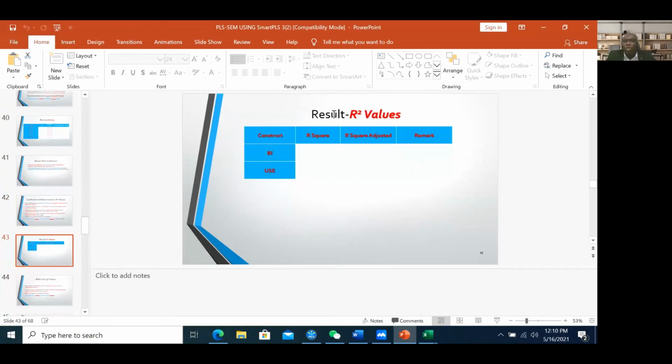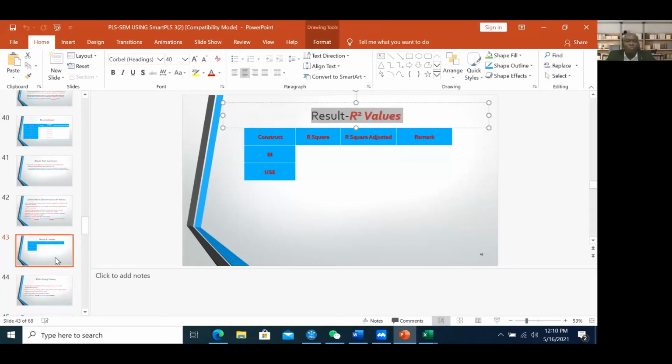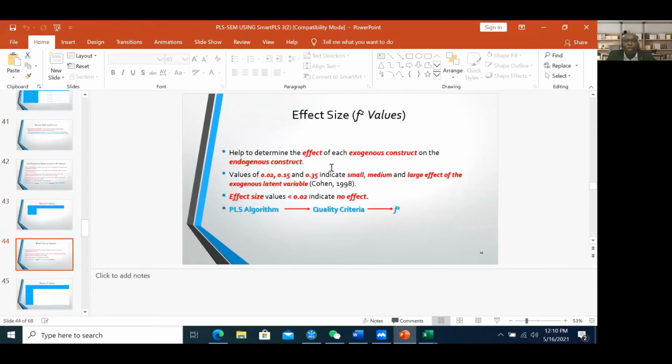Yeah. So you put your R-square value here. Okay. So the next thing we are going to look at is the effect size, the F-square value. The effect size basically helps you to determine the effect of each of the independent variables on the dependent variable.